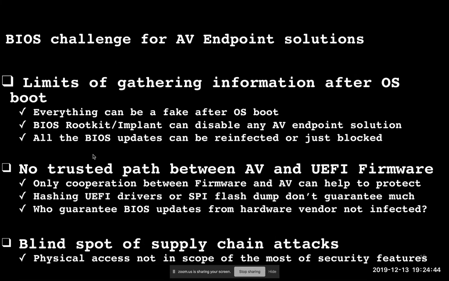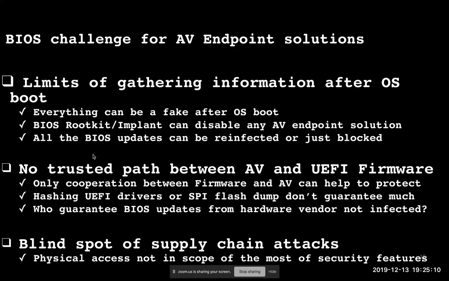BIOS rootkits and implants can disable any antivirus endpoint solution even before it is executed at the operating system level. It can even parse the file system before the operating system boots and remove the components of the endpoint.